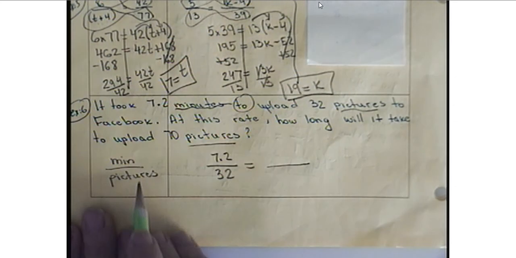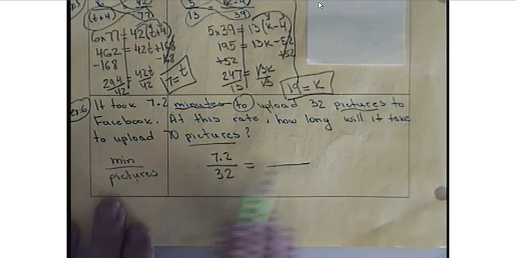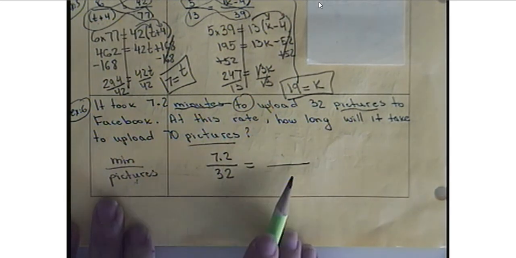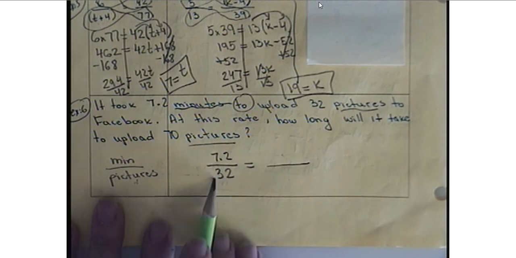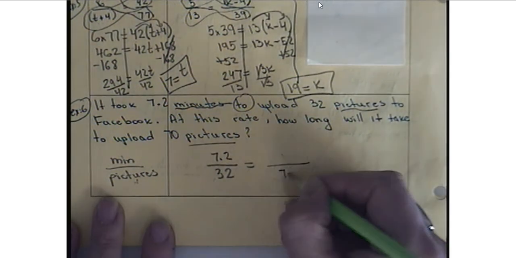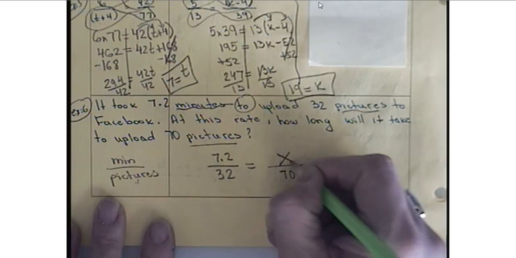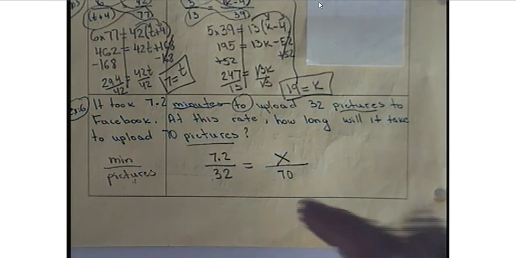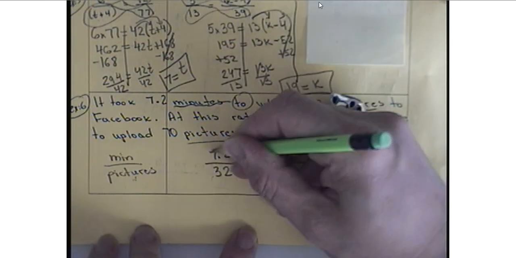Now pictures, again, are on the bottom. If pictures was written on the top, you would put 70 here, but because pictures, the rate, is on the bottom and you want to keep the same rate, we're going to put 70 here and x for the time, because that's what we're looking for. How long? What's the time? We set up the proportion. Now we're going to solve that proportion.